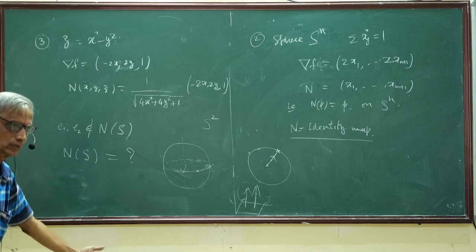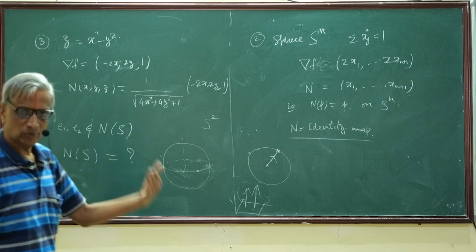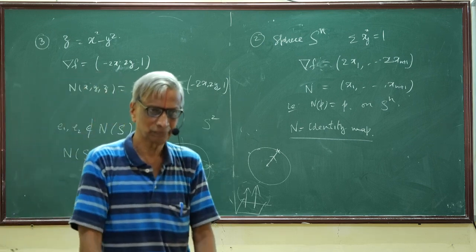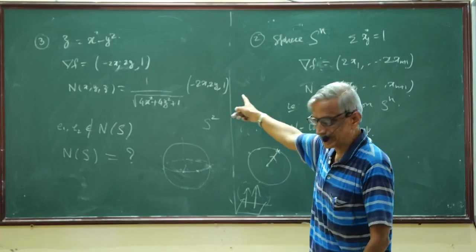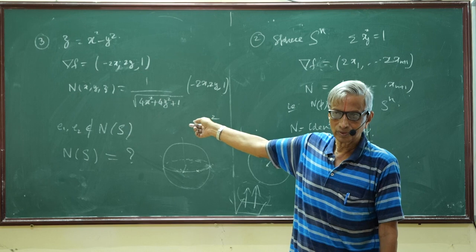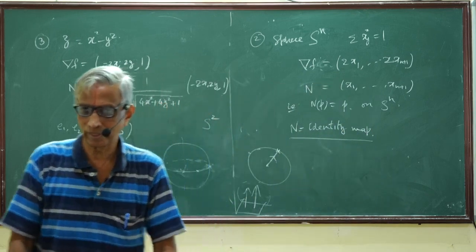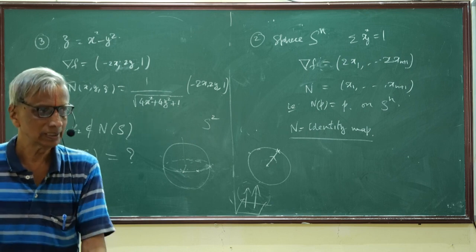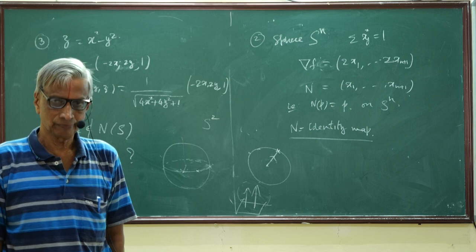What about points below the equator? Z coordinate is negative, right? So Z here is strictly greater than 0. So Z less than or equal to 0 points are not there. That means the lower hemisphere is not part of the image.